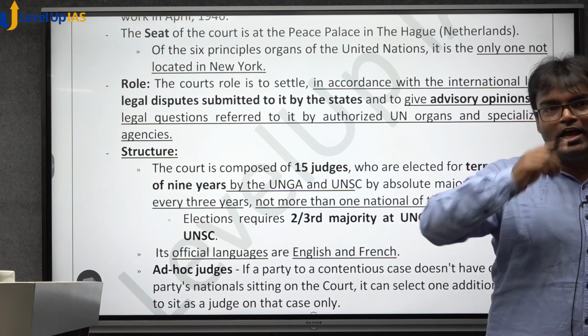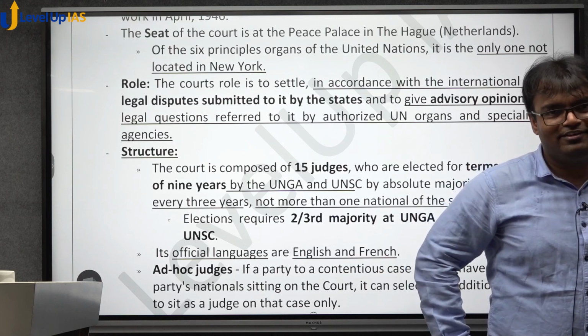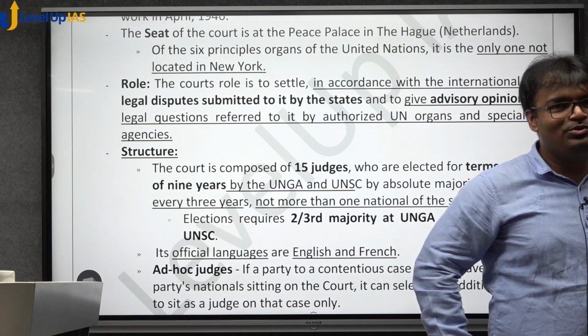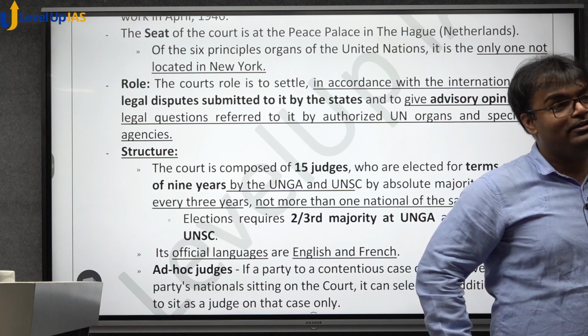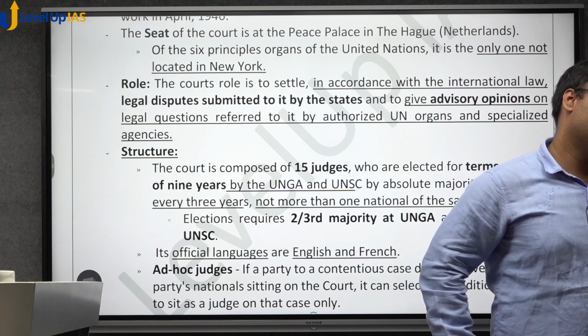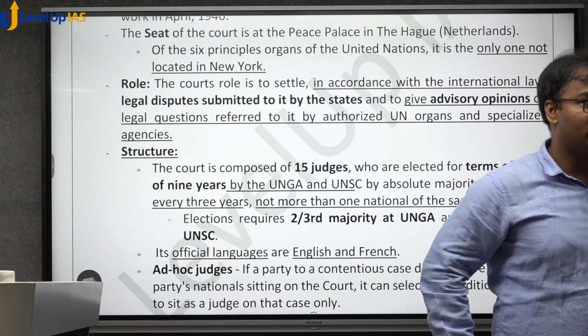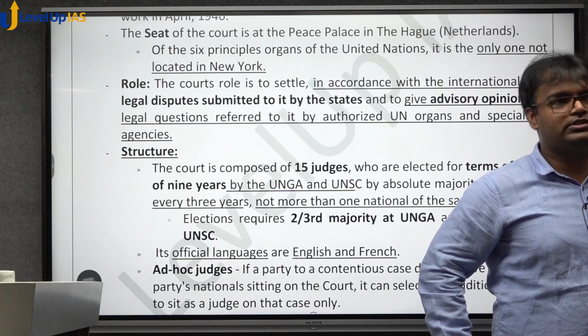But suppose I have a dispute with Pakistan, can I take Pakistan to International Court of Justice? No. It has to be India versus Pakistan. If an NGO has a concern with India, can it take it to International Court of Justice? No.